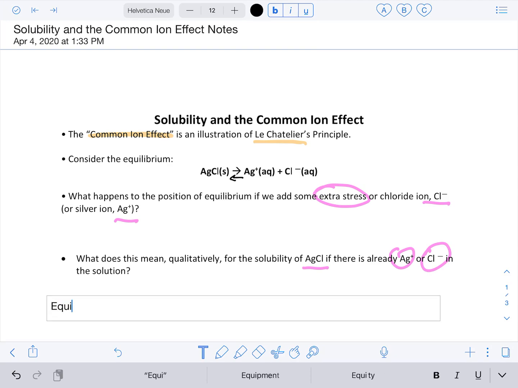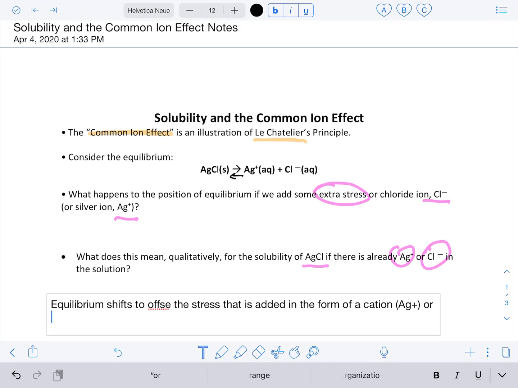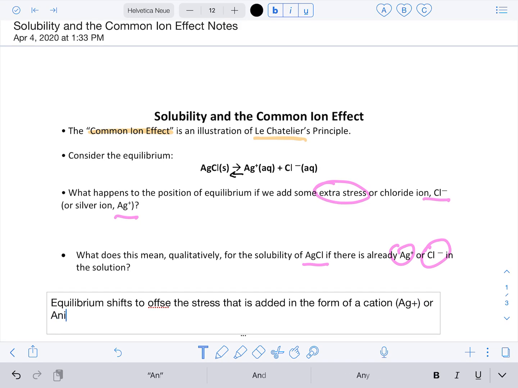So equilibrium shifts to offset the stress that is added in the form of a cation, so we're talking about Ag+, or an anion like Cl-.